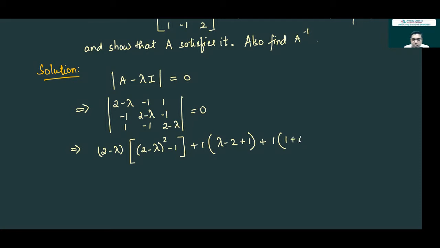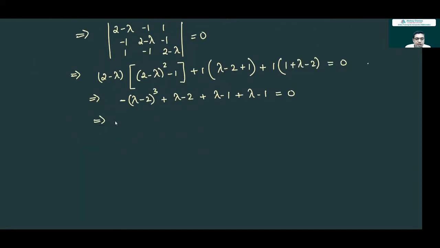So that will be plus lambda minus 2. So we get here lambda minus 2 the whole cube into minus 1. All right. And then plus lambda minus 2 plus lambda minus 1 plus lambda minus 1 equal to 0.